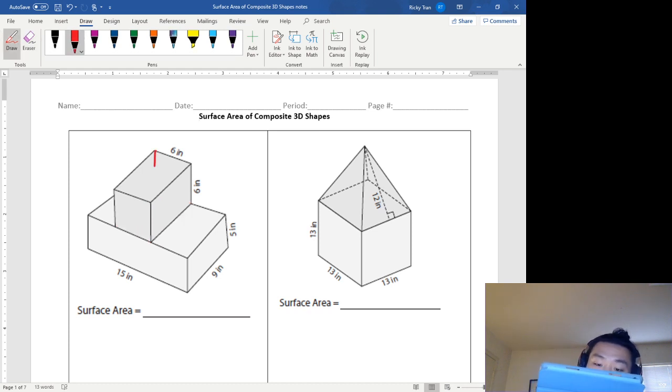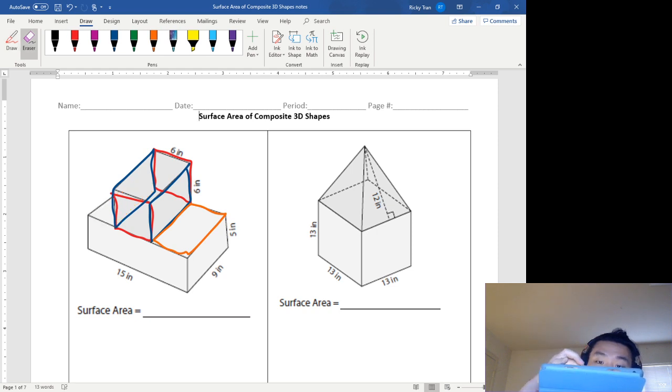Now, there's one square here, one square here, this back square here, and then this one over here. There's one here, and one back there.